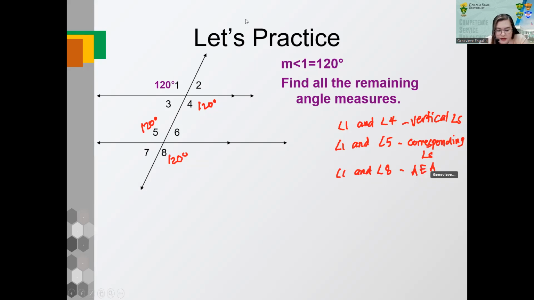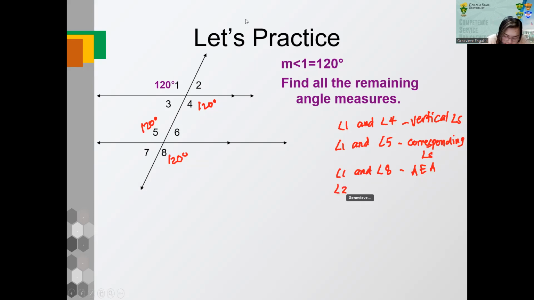Okay, sunod. Unsa man ang measure sa angle 2? Supplementary. 60. Si kinsa man ang 60? Si 2, ma'am.